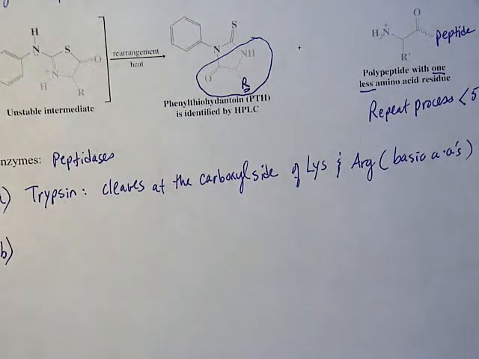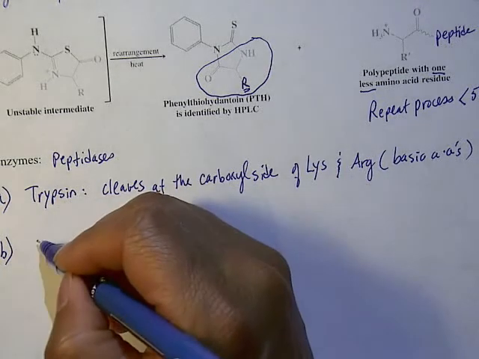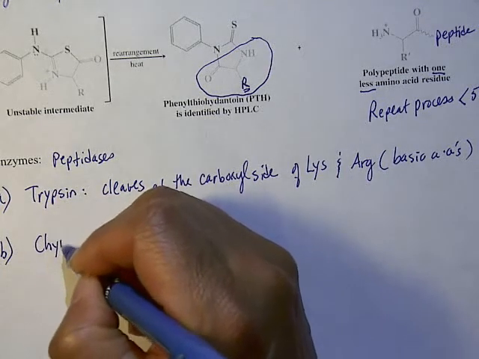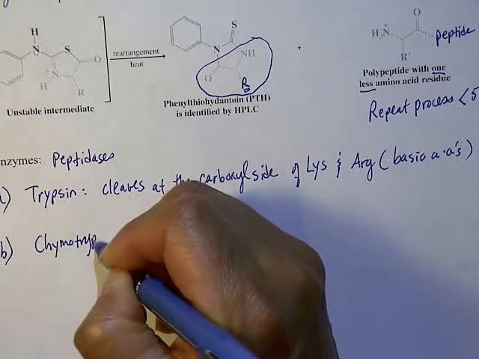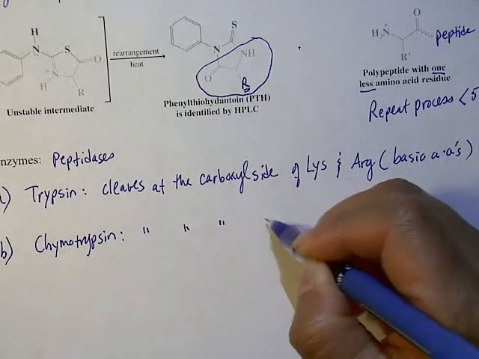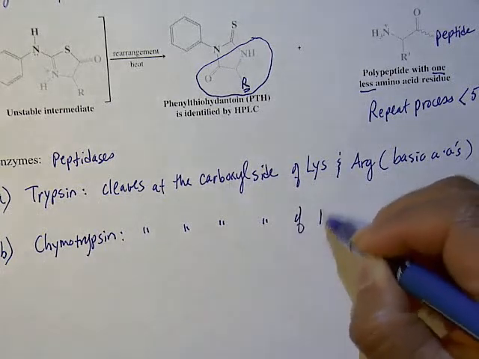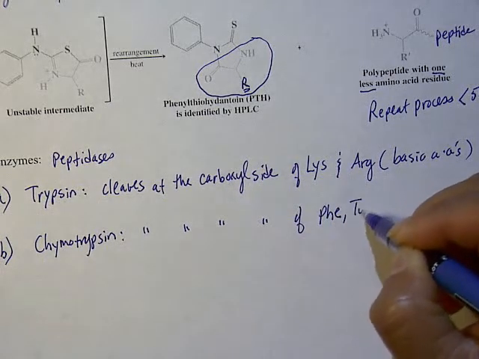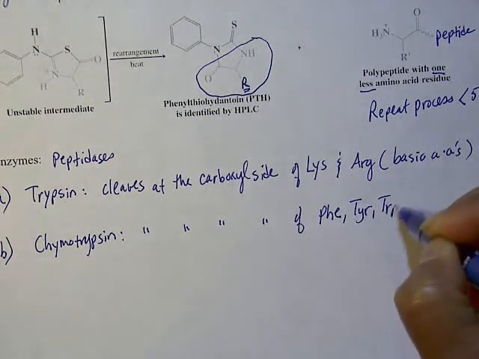And the second enzyme is chymotrypsin. This cleaves also at the carboxyl side of phenylalanine, tyrosine, and tryptophan.